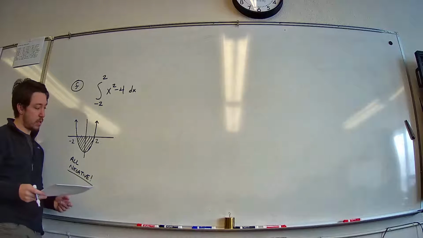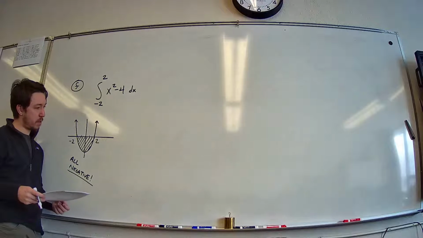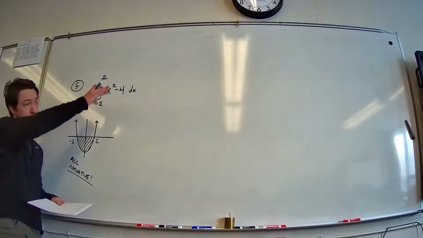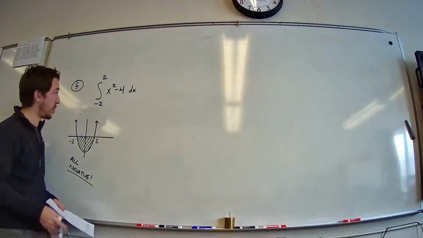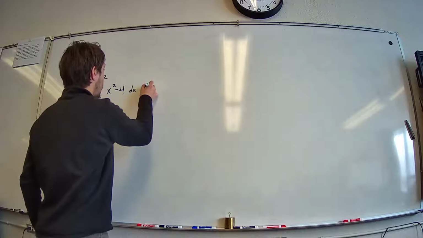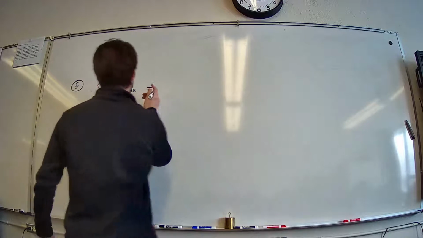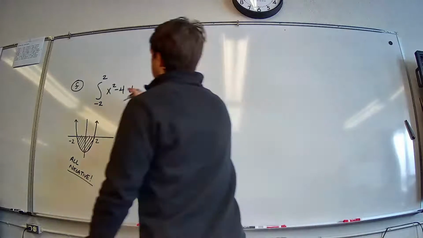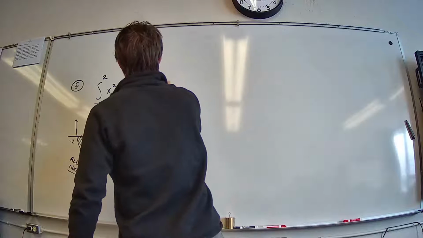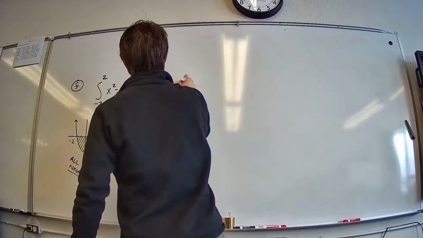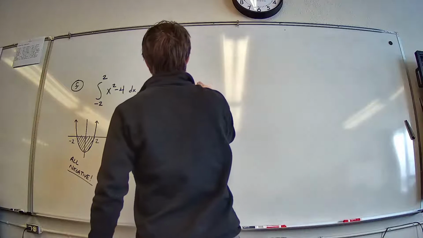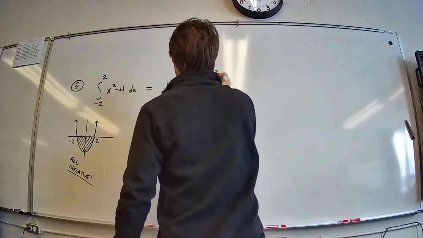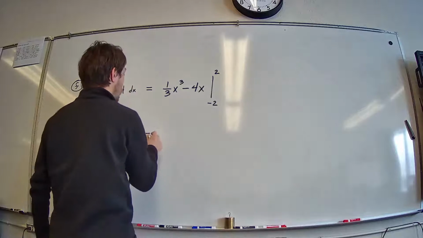And so what that tells us is when those numbers get plugged in, we should be expecting probably a negative minus a positive. So let's just get the calculation. The calculation goes 1/3 x cubed minus 4x evaluated from -2 to 2.